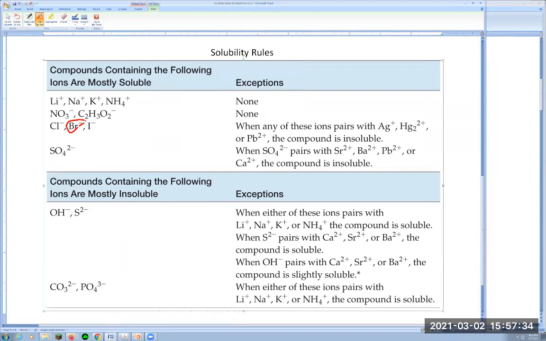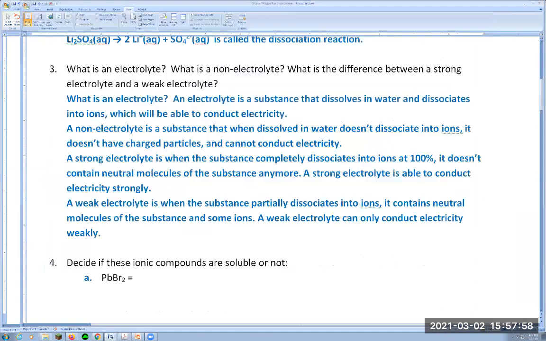Now we need to look at the exceptions. You read this: when any of these ions pair with Ag+, Hg2 2+, or Pb2+, the compound is insoluble. So that means PbBr2 is insoluble, even though Br− usually makes a soluble compound.